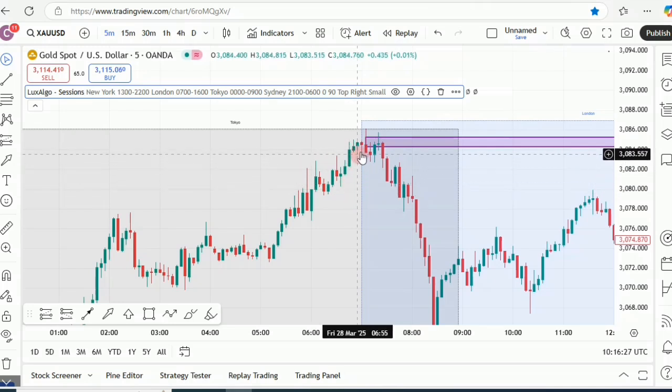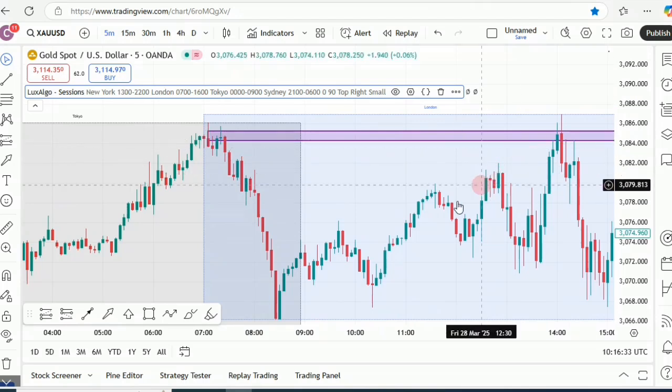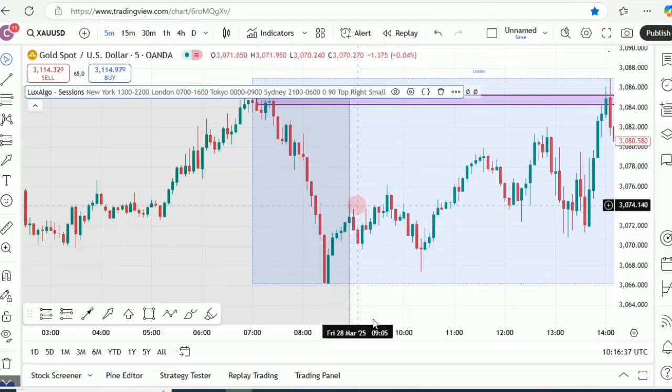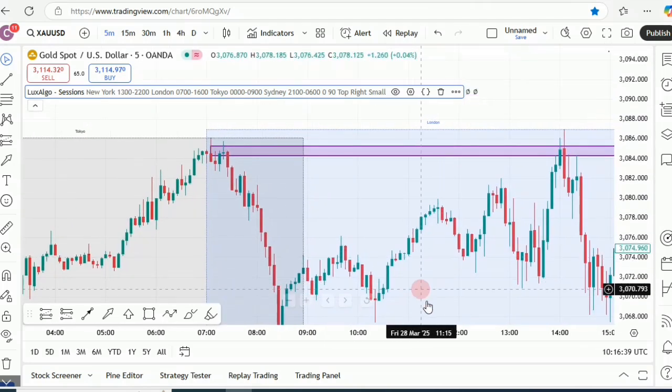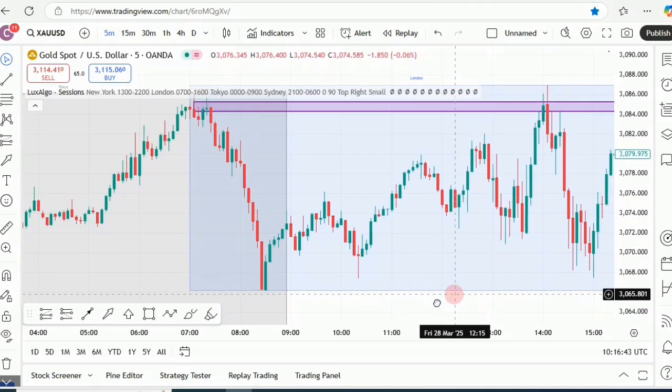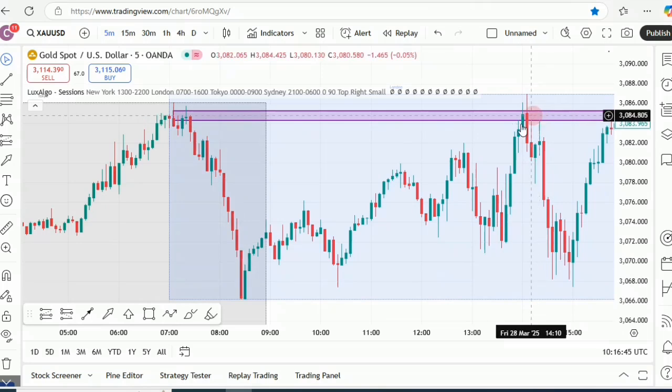Price decided to make an upward movement. So we made this one, as you can see, and then you can see price went down, right? Now the Tokyo session has ended, the London session has started, and finally price has come to hit that key level that we had made.